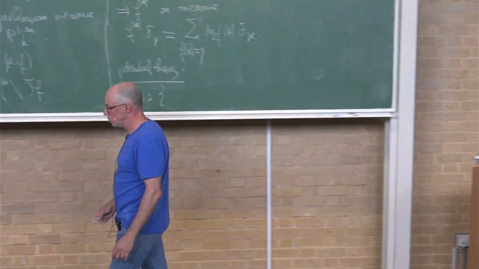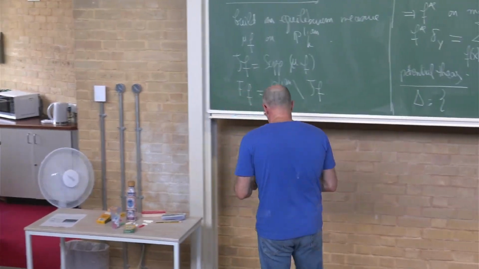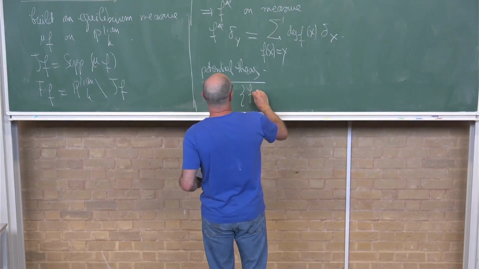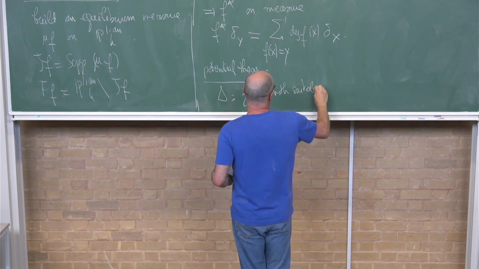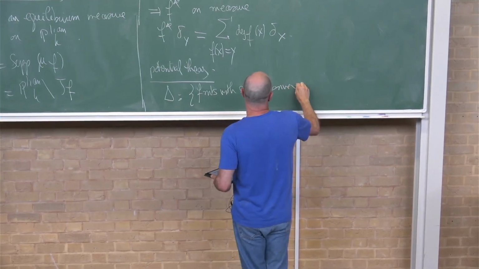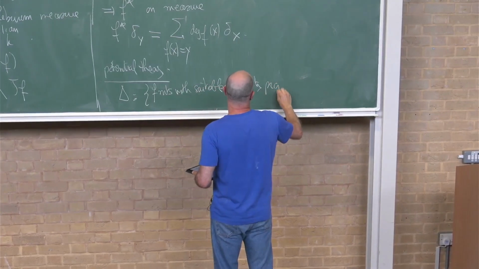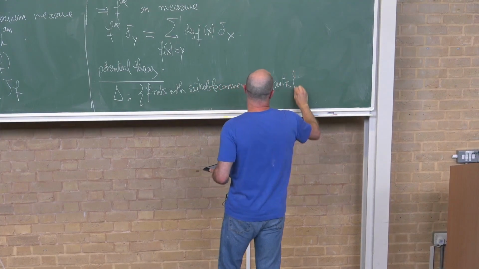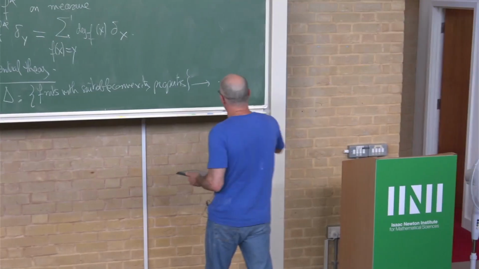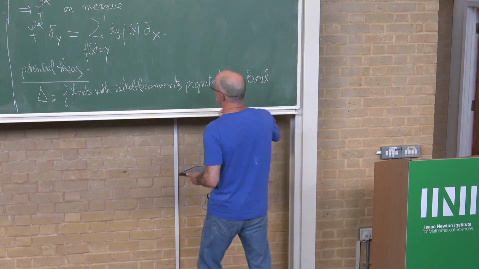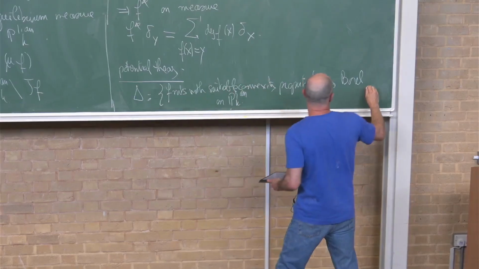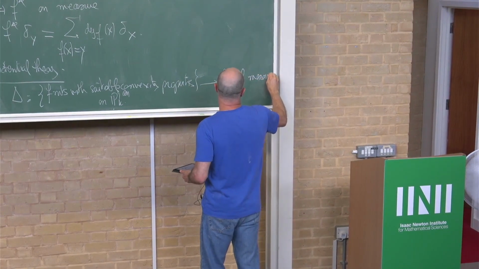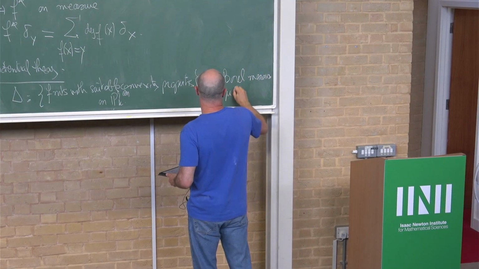I'm going to be very vague, but you have a set of functions with suitable convexity properties, and they are mapped to Borel measures on the Berkovich projective line. These are Borel measures of total mass 0.